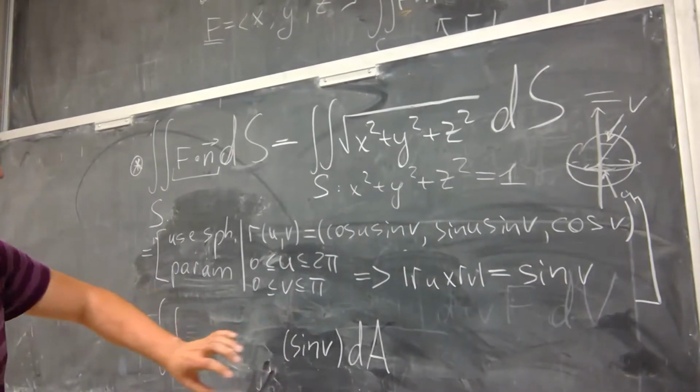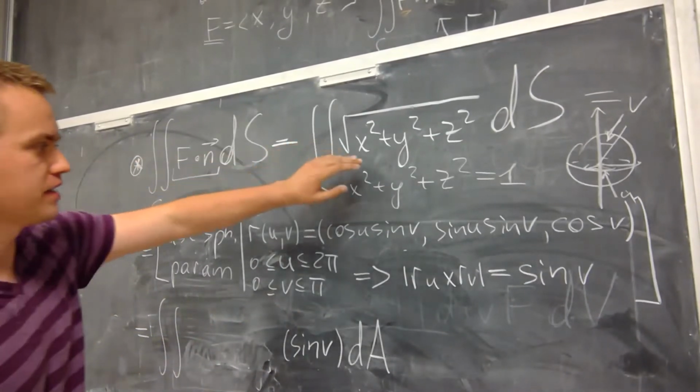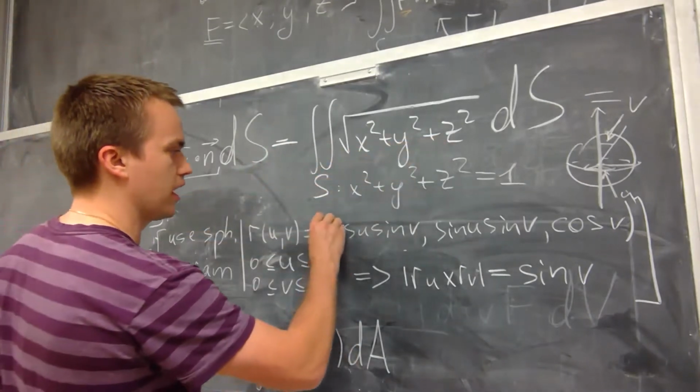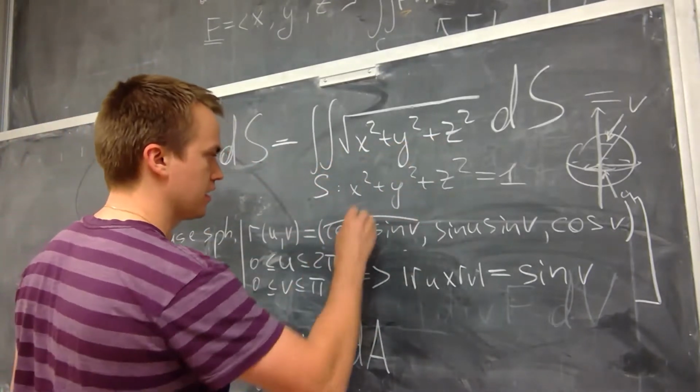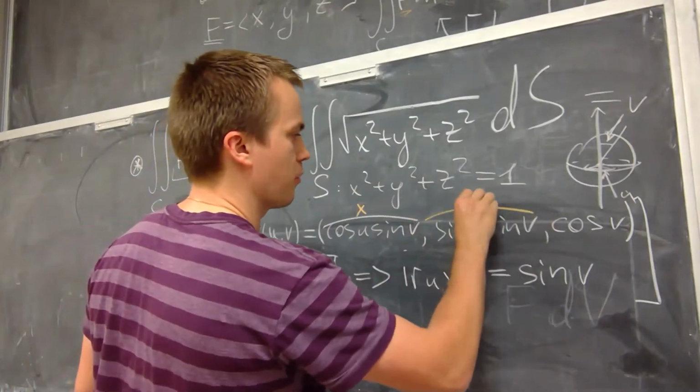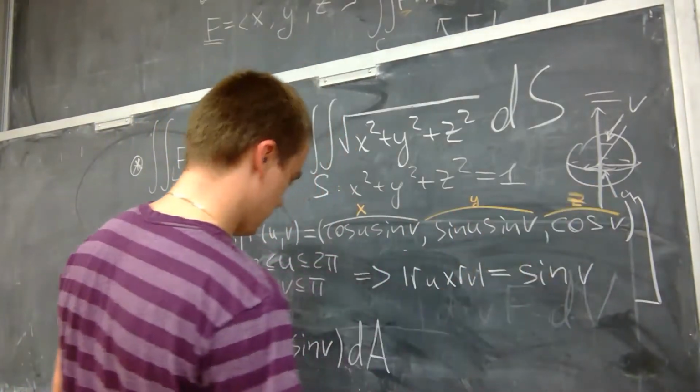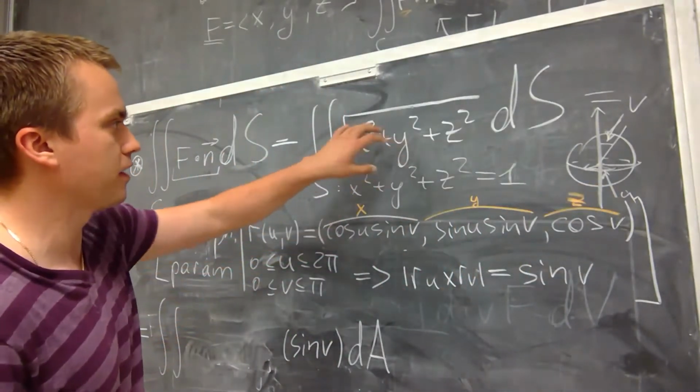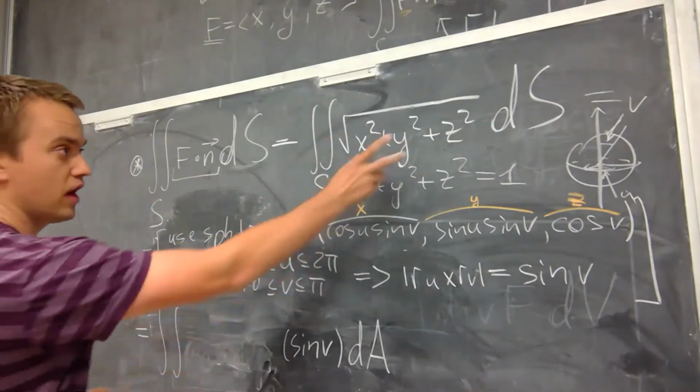Yeah. Sine v, and instead of x, y, and z, I'm going to plug in my parameterization, which is in this case, this is my x, this is my y, this is my z. If I square them up and add them up, I will get that my original function equals 1.